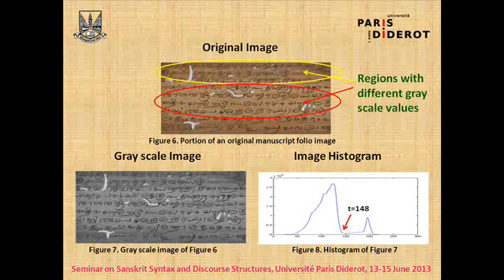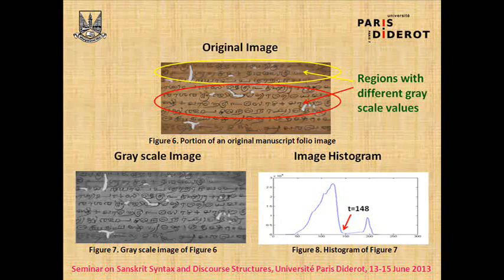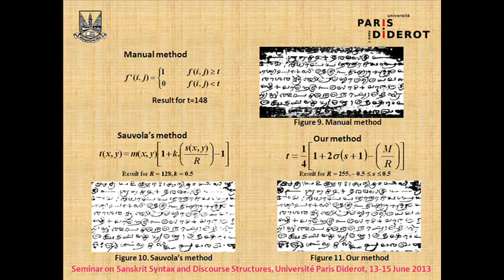This develops an understanding about the average gray intensity of the text background and that of the text itself. The background is the color of the material on which the writing was done. A valley point in the histogram suggests a threshold that has been applied globally to the folio to get to a binarized form.